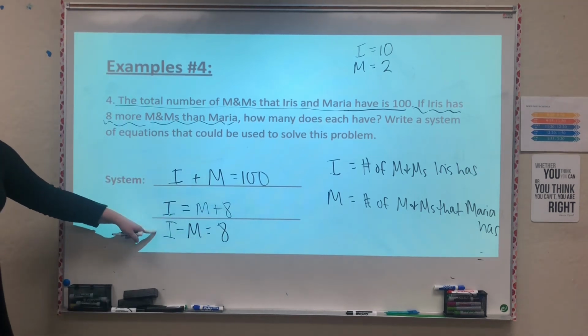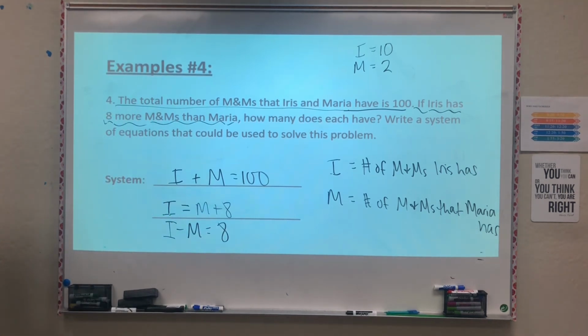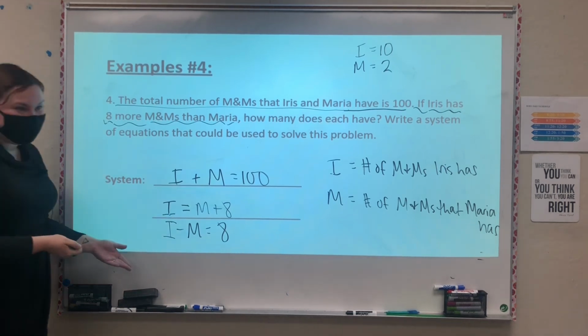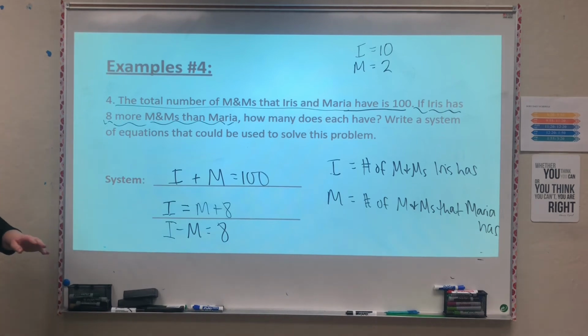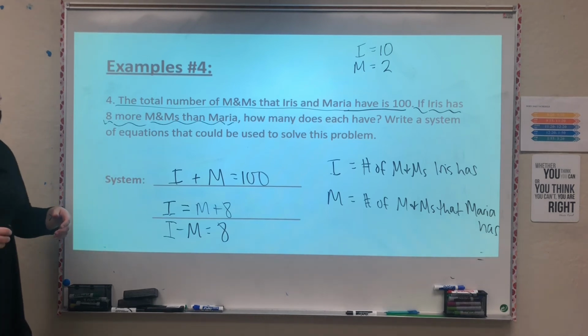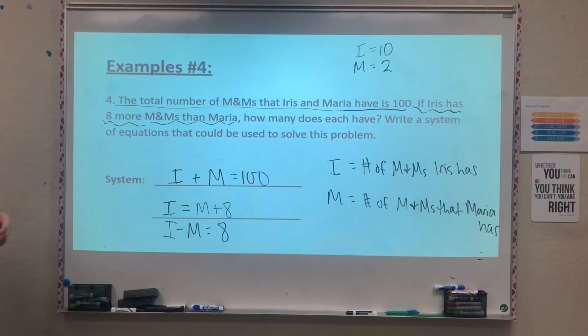Are these equations different? Yes. Tell me why. I guess they equal the same thing. They definitely look different. I'm not trying to trick you into a question. I've written different things. Are they saying the same thing though? Yes. How do you know? Because I equals m plus 8.